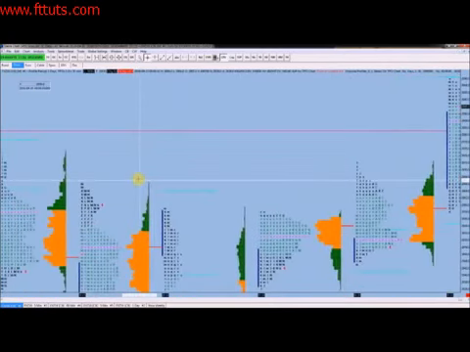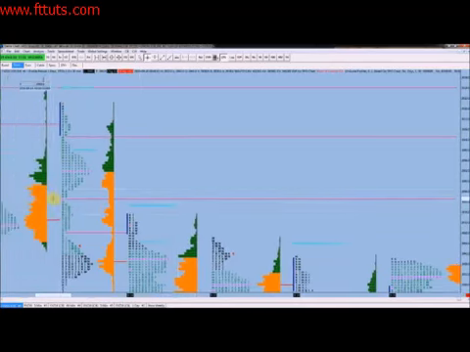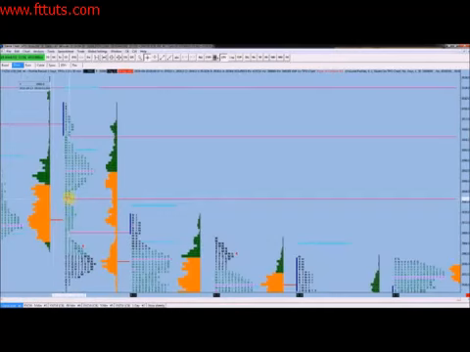How many single prints are needed to become an accelerator? Just one. I mean, here, for example, there's two. Here there's two. Here there's two. So again, it's posted the pink line because this is a down day.